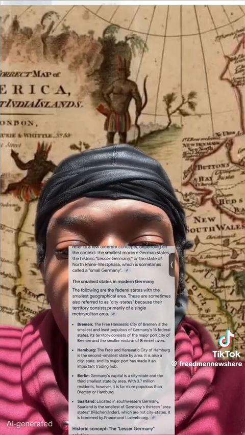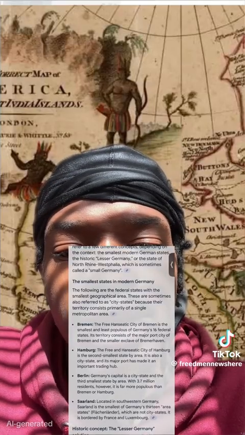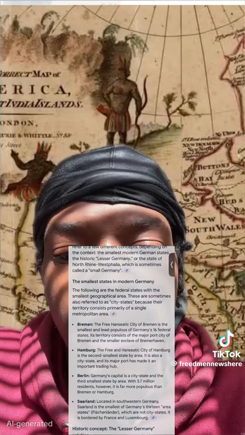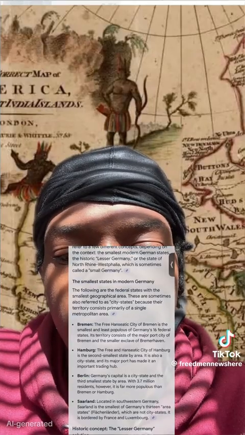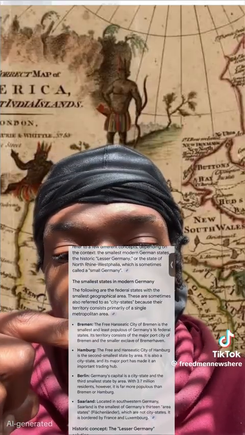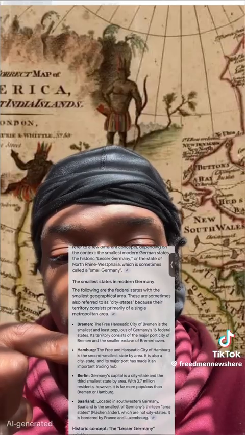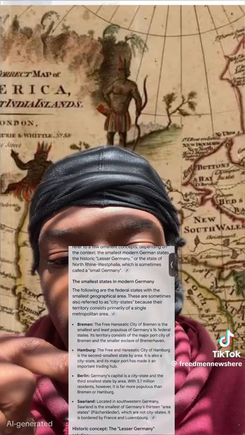The following are the federal states with the smallest geographical area. These are sometimes also referred to as city-states, because their territory consists primarily of a single metropolitan area. Berlin, right? Hamburg, Berlin, Germany, the capital is a city and state.